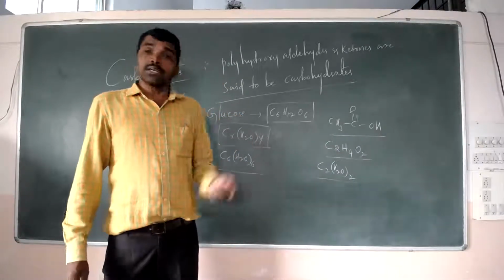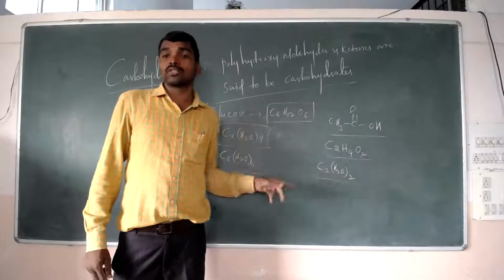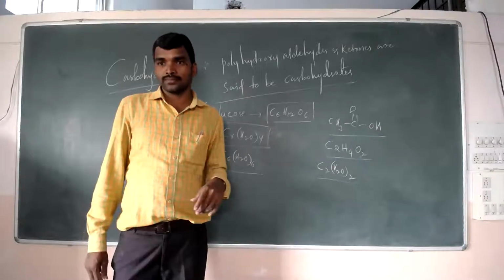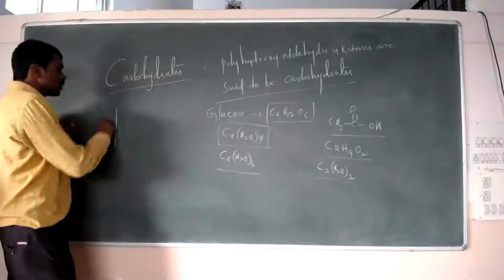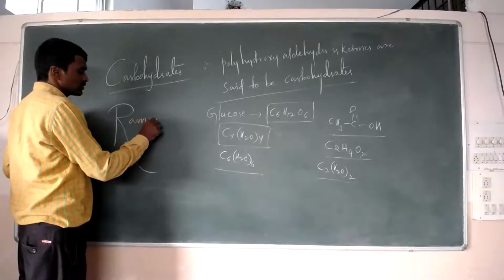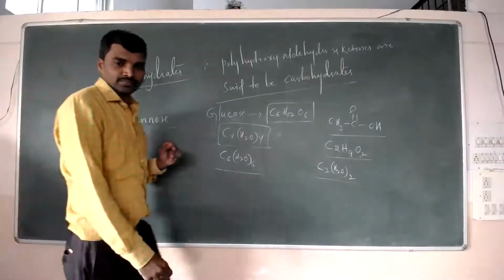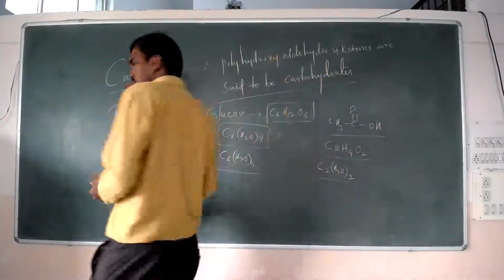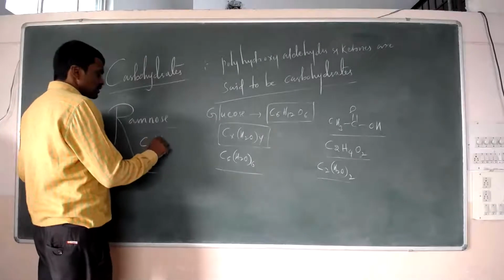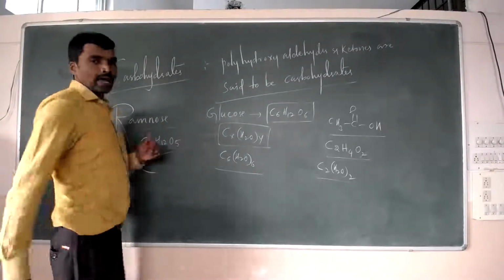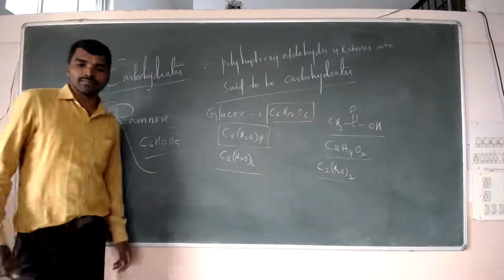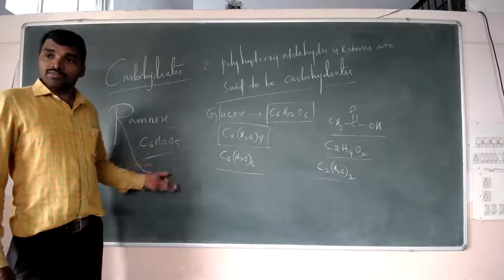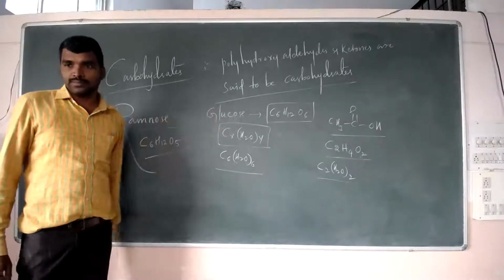Some carbohydrates also do not fit into this formula. For example, rhamnose. Compared to glucose, the oxygen is less: C6H12O5 is the rhamnose formula. This is also one type of carbohydrate, but the rhamnose formula does not fit into this formula.